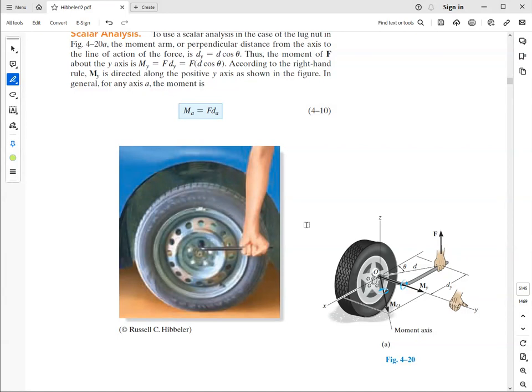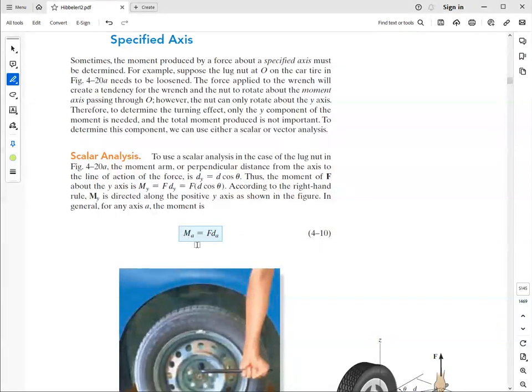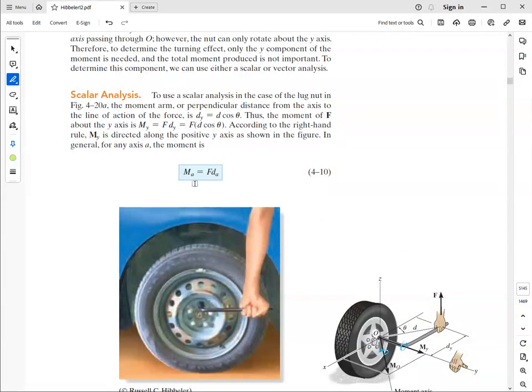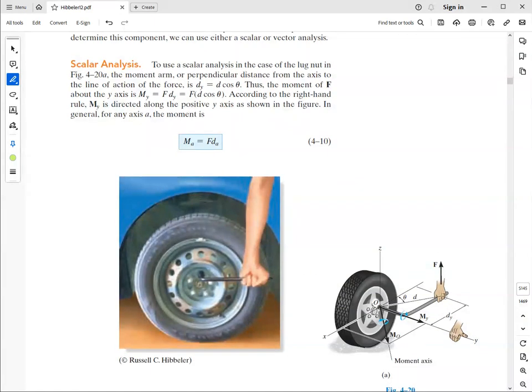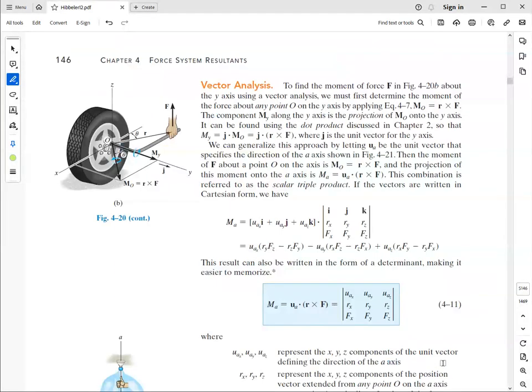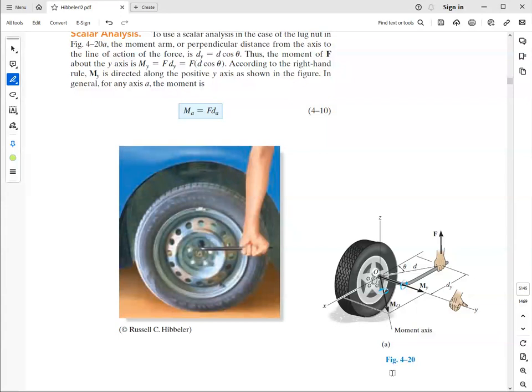So that moment is going to be equal to, firstly, the moment about point O of this force, so it's the magnitude of the force times distance. Now, if you want the part of the moment that's actually loosening the wheel nut, for that we need to project this moment over the y-axis.